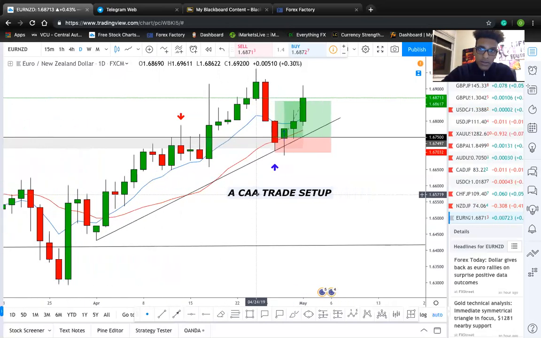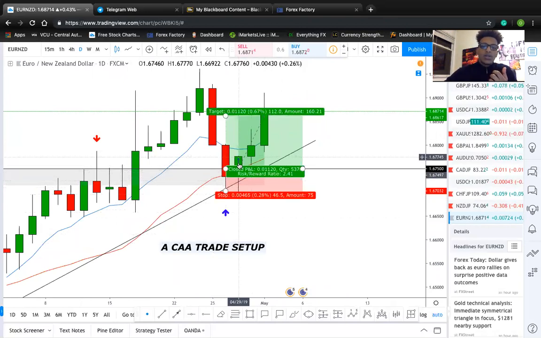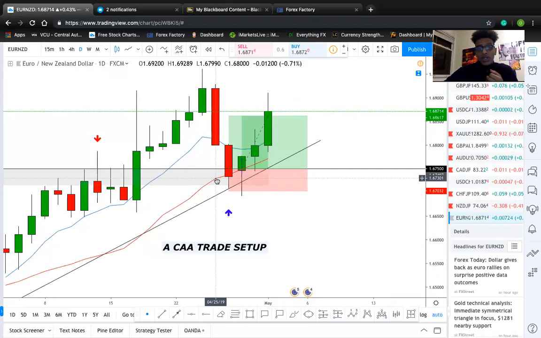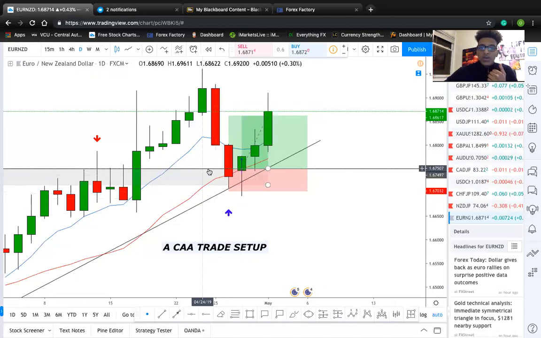If we zoom in, we can see we did have this pin bar candlestick. So essentially, the wick is longer than the body because sellers brought price down, but buyers had some pressure in this zone, so they brought price right back, and you can see it closed almost above that psychological zone in confluence with our moving averages.